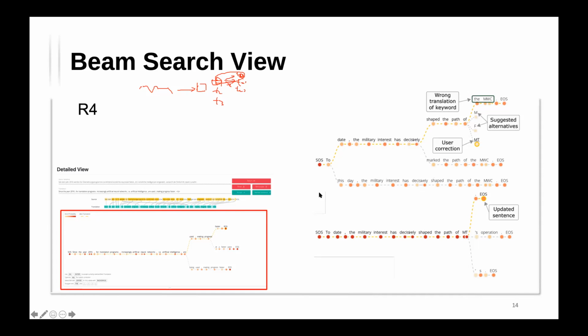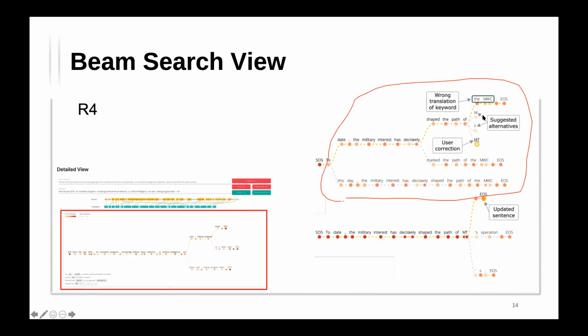If you zoom in on this part, you will see, for example, the original translation is the MWC. I'm not sure what that means, but it can suggest some alternatives like M and F, and the user can also do some post editing and add in the correct translation and click on the accept button, and that's the whole process of correction.